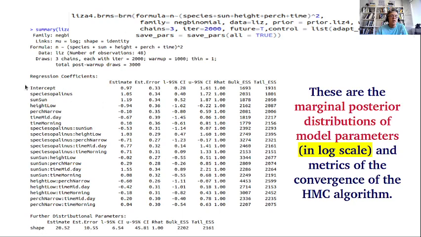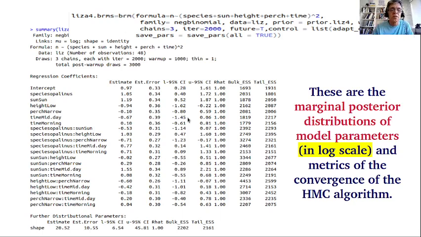Here are the parameters affecting the mean of the response variable, and here is the shape parameter. Here is the posterior distribution of the shape coefficient of the negative binomial distribution.